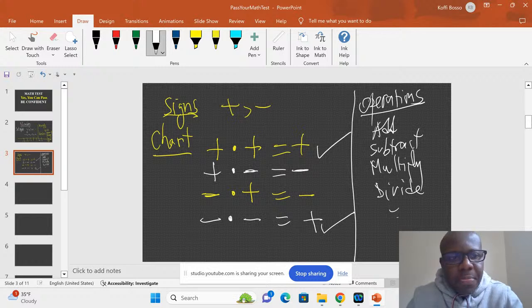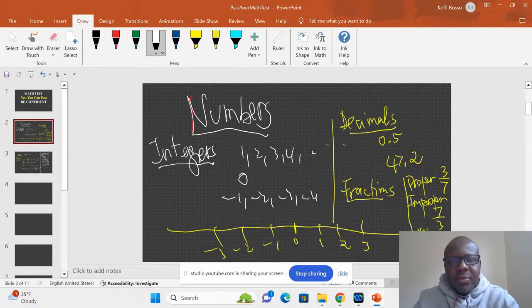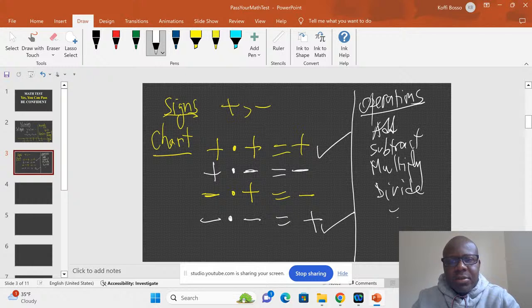These are very important when they say numbers. Be prepared for the standard ones. We have more, but let's just focus on these for today, and also the chart of signs, which is very important.